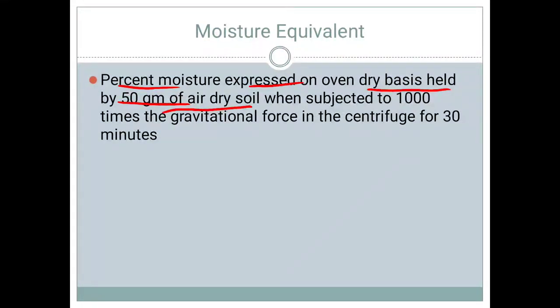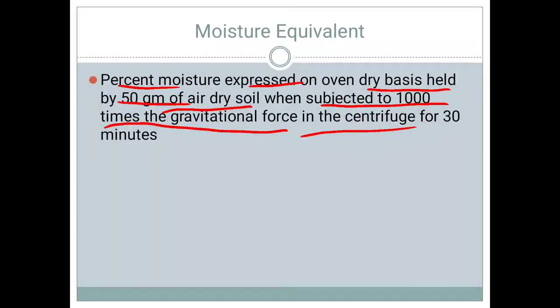So take 50 gram of air dry soil, and whatever moisture is held by that air dry soil when subjected to 1000 times the gravitational force in a centrifuge. So we have to apply 1000 times gravitational force.